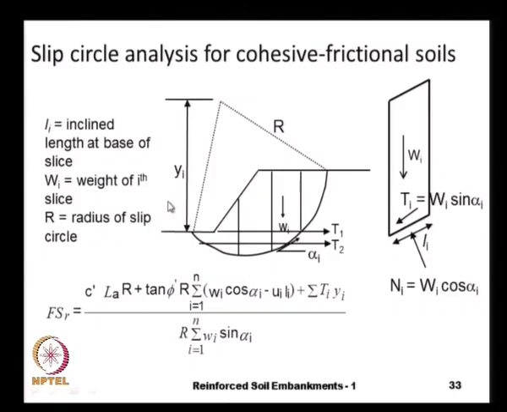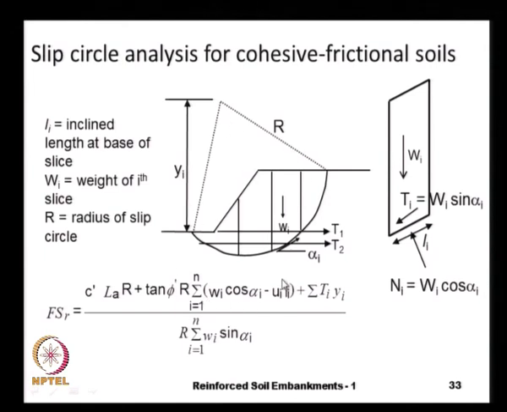in the same manner as earlier, by taking moments about this point: the C prime, that is the effective cohesive strength, multiplied by La, the length of the slip surface, that is r times theta, times r, the radius of the slip circle, plus the moment generated by the resistance from this normal force, that is tan phi times Wi cosine alpha, the normal force, minus Ui, the pore pressure, multiplied by the base length Li, that is our resistance force, and that multiplied by r, the radius, will give us the resistance.